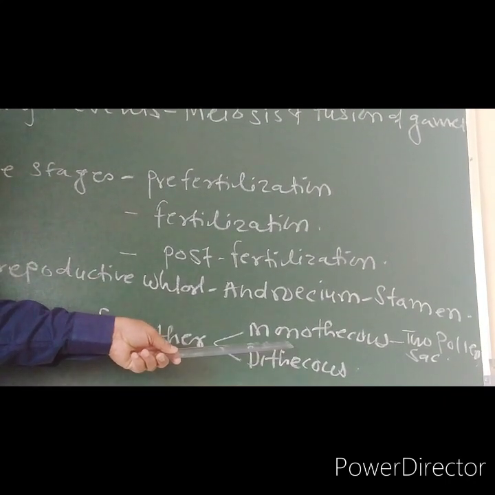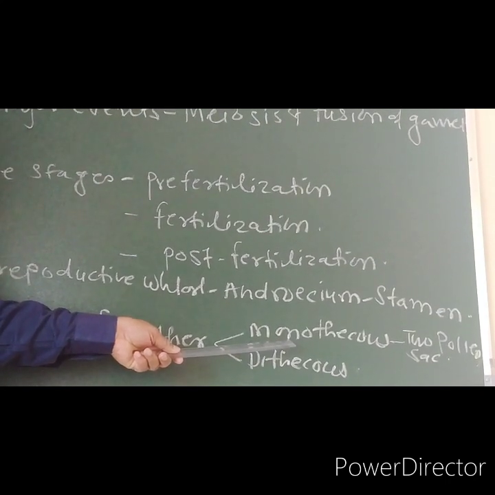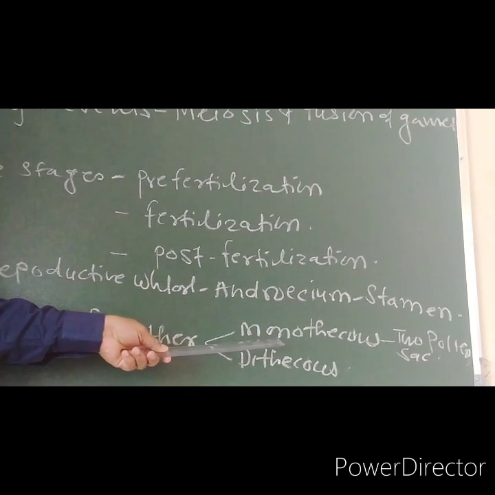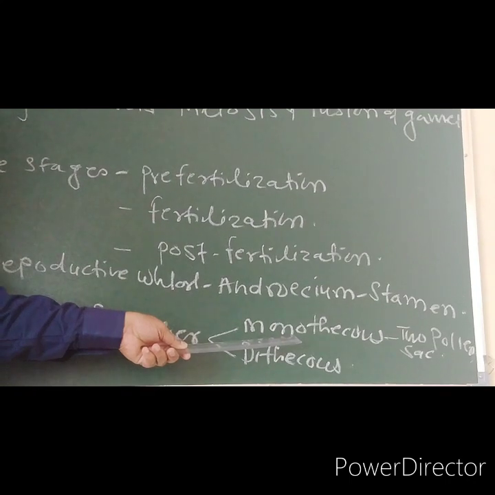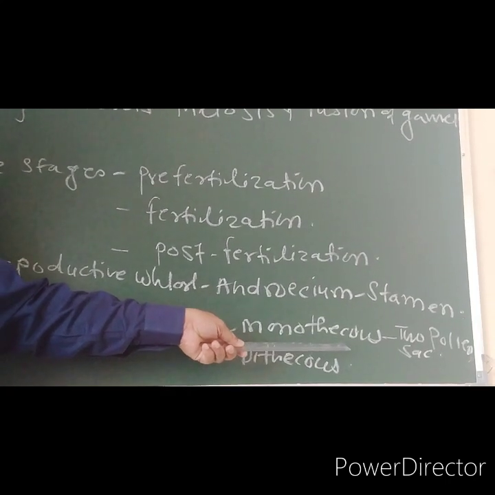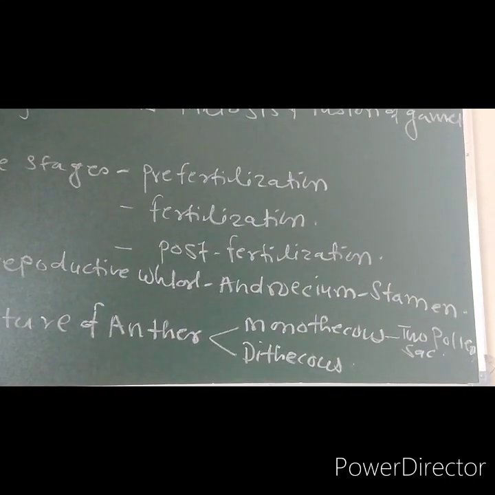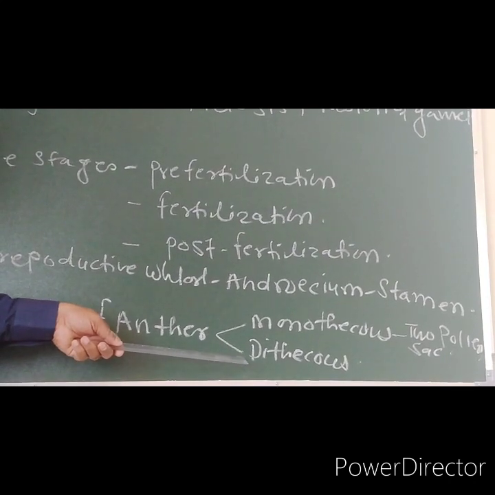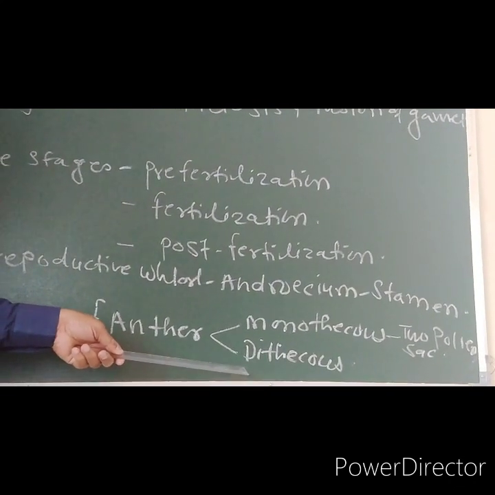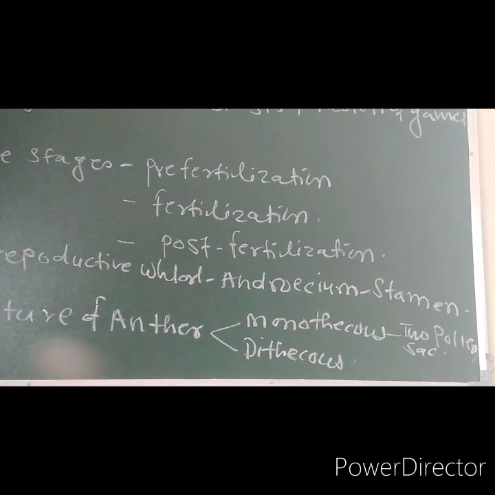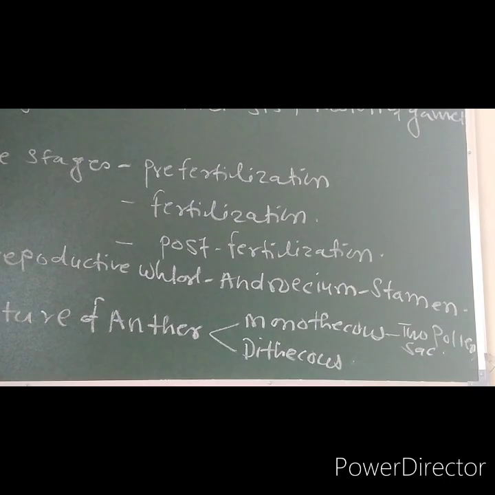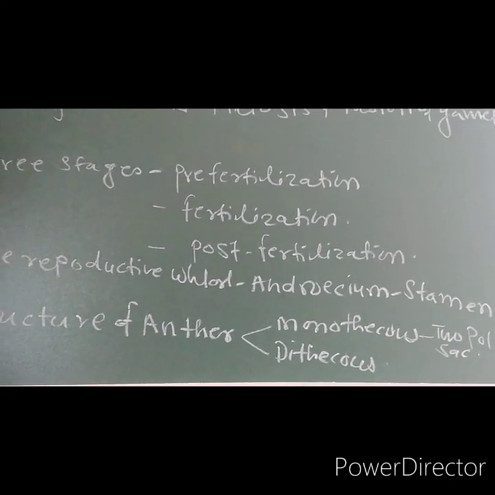In the case of a monothecous anther, there is only one anther lobe, but having two pollen sacs. In the case of a dithecous anther, which has two lobes, there are four pollen sacs, and therefore it is also known as tetrasporangiate.